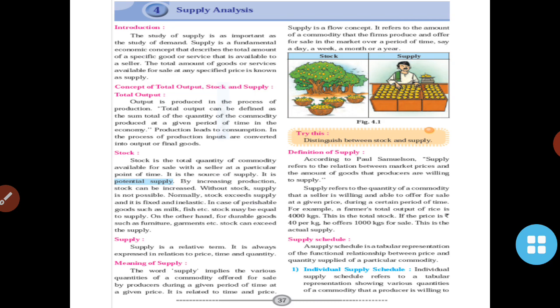If the price is 40 rupees per kg, he offers 1000 kg for sale. That is his actual supply. Here the example of a farmer is given: his total annual production is 4000 kg, and he has his total stock of 1 year. Then he sets the price at 40 rupees per kg, and he sells only 1000 kg. That is his actual supply, meaning he is supplying 1000 kg at 40 rupees per kg to the market.